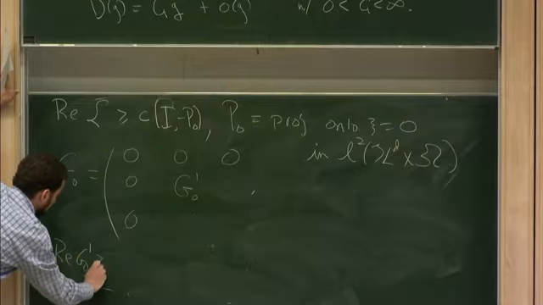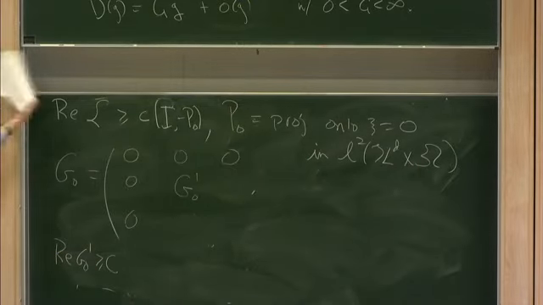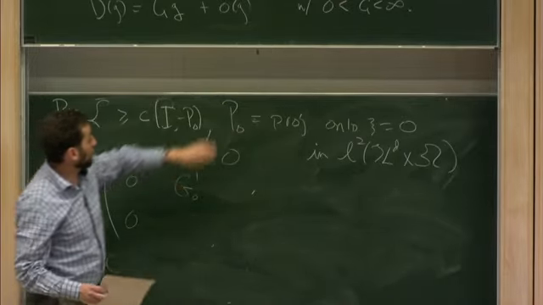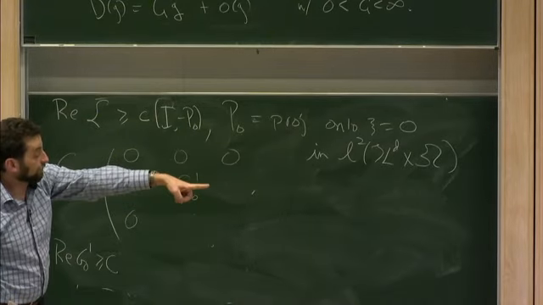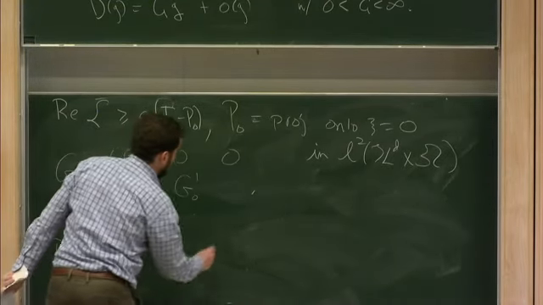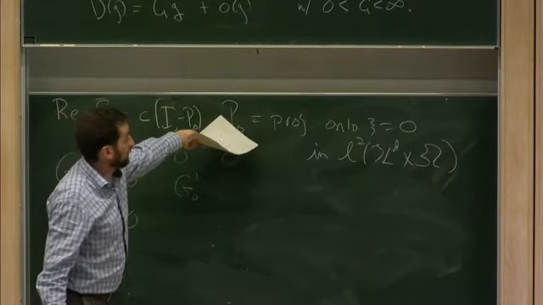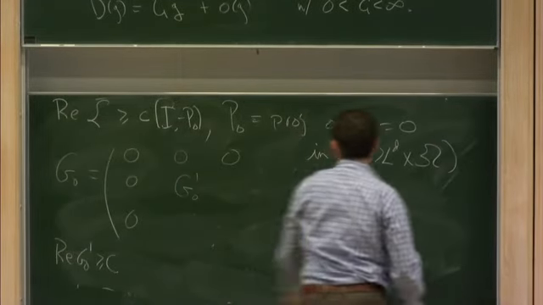The real part of G01 is bigger than c on the corresponding subspace, which is exactly the range of I minus P naught. Now, P naught has two components. One is this thing corresponding to the eigenvector, and everything else. So everything else I'll put down here, and the coupling between this space and everything else actually comes from the kinetic term.